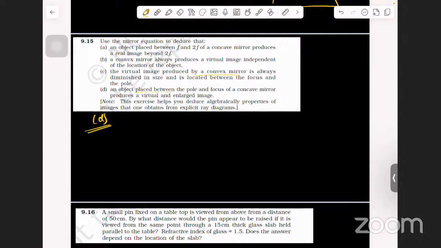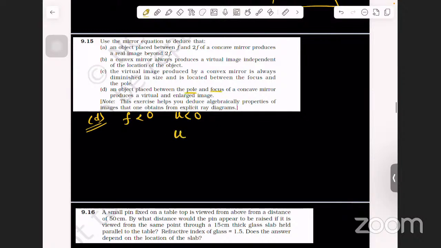Now, for the fourth part, an object is placed between the pole and focus of a concave mirror, produces a virtual and enlarged image. Okay, we have to prove this. So how do we prove this? Let's start basically. Okay, concave mirror. So F has to be negative, U has to be negative, right? And the object is placed between the pole and focus.